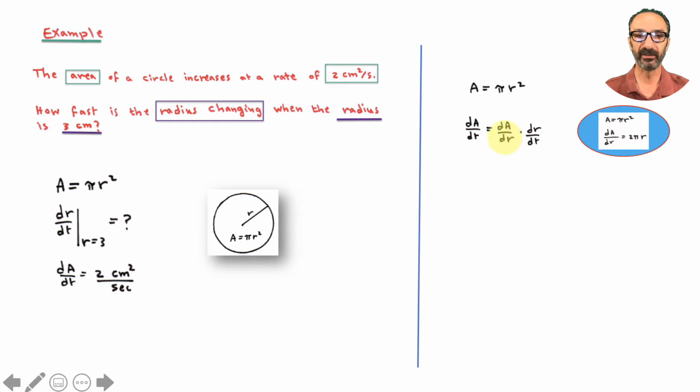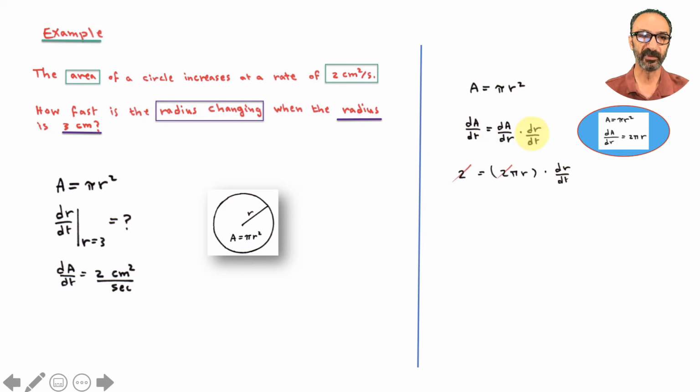You replace that here and you should be fine. If you want to do it the first way, like example number 1, you could do this. dA/dt equals pi times 2r to the first times dr/dt. Do you follow me? Let me say it again. dA/dt equals 2 pi r times dr/dt. But that's the same thing right here.